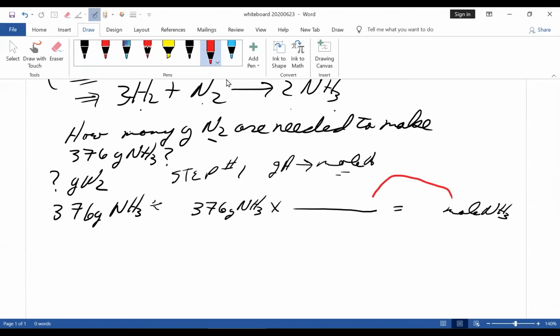Whatever you're trying to get to goes on top of the ratio. Whatever you're trying to get rid of goes underneath. Therefore, on top, I want moles of ammonia. Underneath, I want grams of ammonia. And where do you get that relationship?